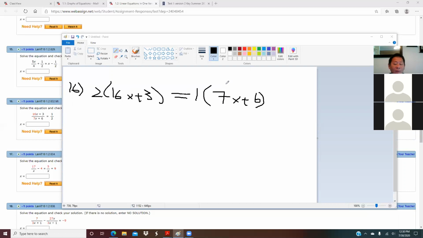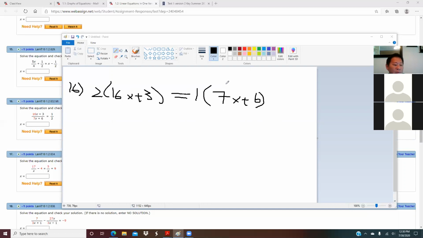If it's all real numbers, identity, you just type real. If it's no solution, you type DNE. If there is an answer, like in this case, for example, it's 3, you just type 3. Okay, so go ahead and do question 16 now, everyone.